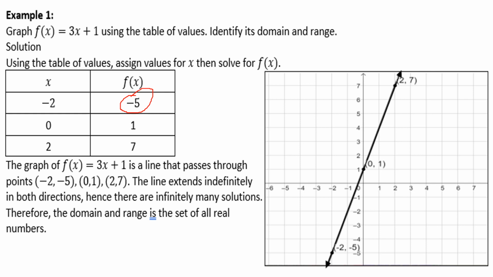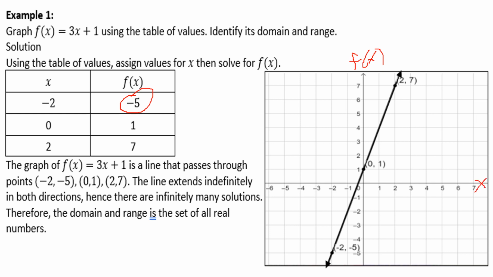So when graphing, we use our ordered pairs. So, if x is negative 2, then the value of f of x, or the y, is negative 5. So here is f of x or y, and here is the x-axis.